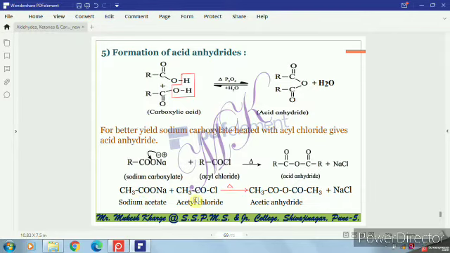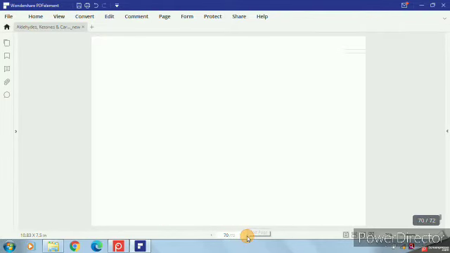Sodium acetate reacts with acetyl chloride, gives acetic anhydride plus NaCl. So by two ways you can prepare the anhydride, either from carboxylic acid or sodium carboxylate.